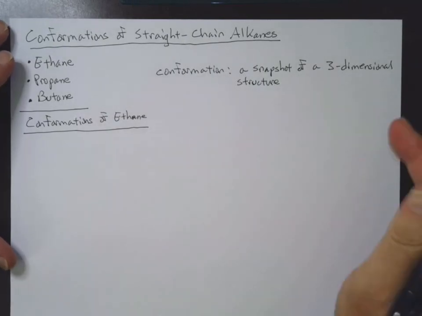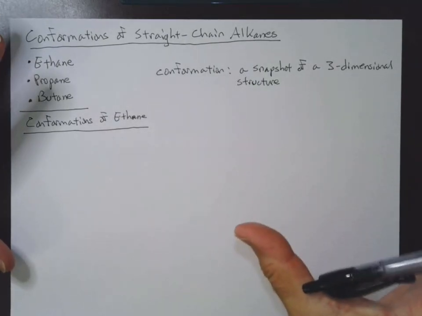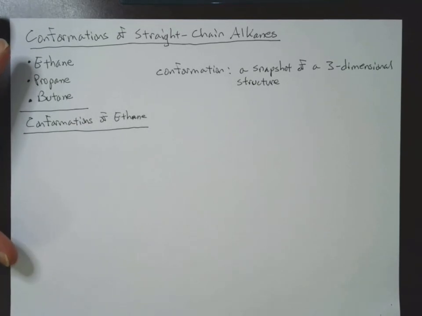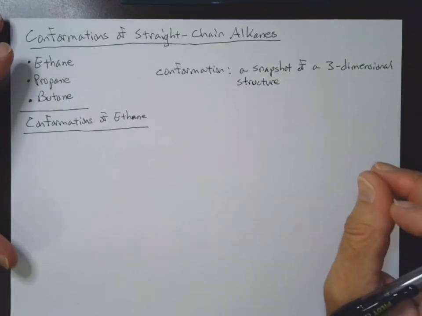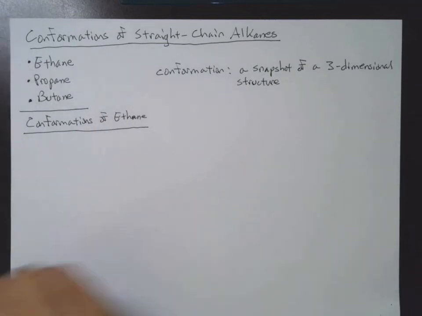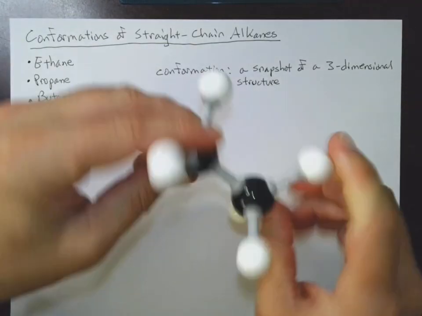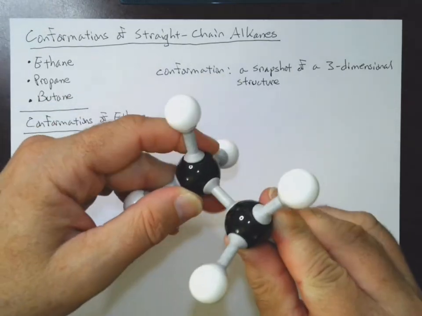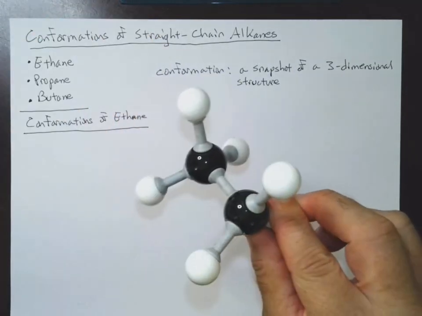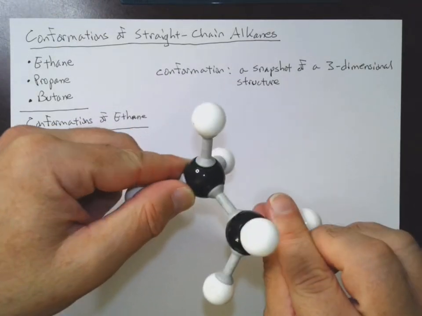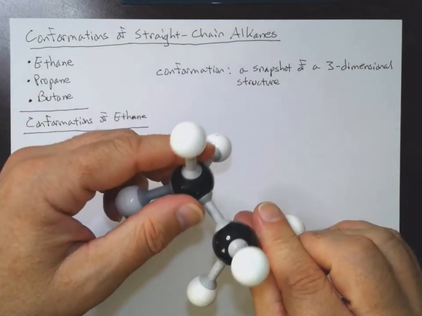That is, it's a glimpse of what the molecule looks like at a brief moment in time. So in reality we have a molecule like, let's say, ethane, that is spinning around, tumbling around, and at one particular moment in time it has a particular conformation. That's its actual three-dimensional structure.